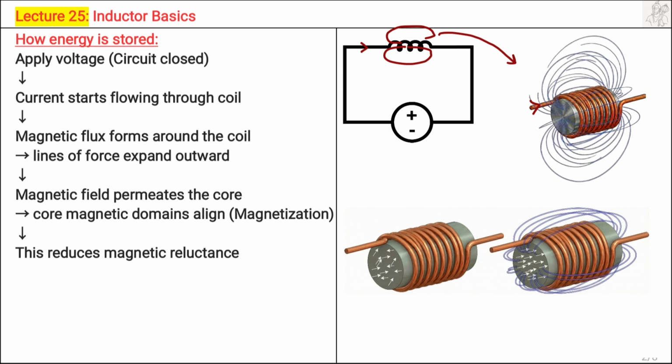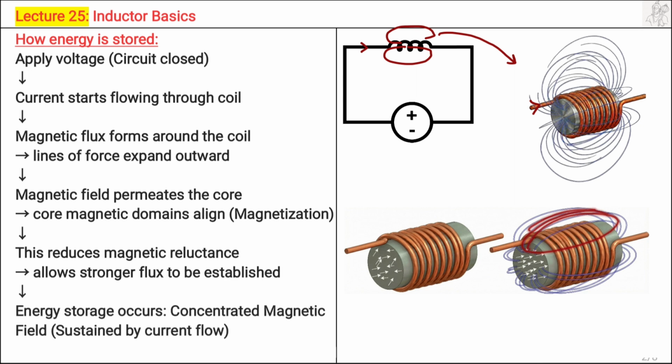Due to this alignment, the opposition to the flow of magnetic fields will reduce, and this opposition is basically called magnetic reluctance. So magnetic reluctance will reduce, therefore stronger magnetic field lines will be established, and these magnetic field lines are the ones which store the energy in the inductor.